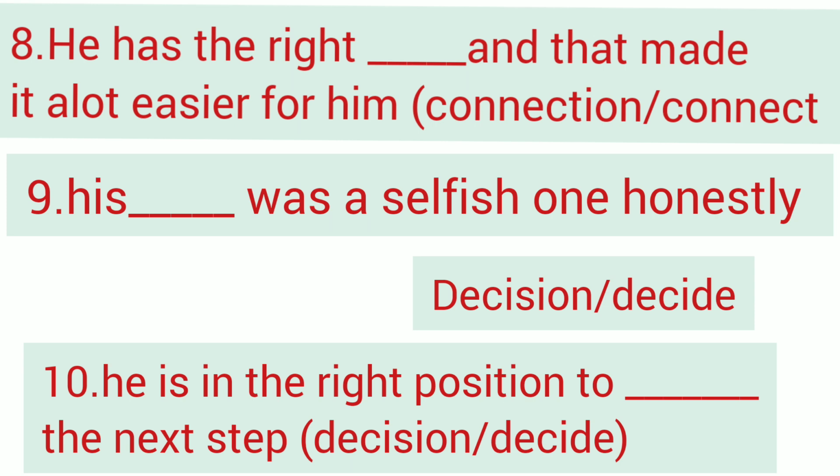Now, assuming we choose to use connect, let's see how the sentence sounds. He has the right connect, and that made it a lot easier for him. How does it sound to your hearing? I think he has the right connection, and that made it a lot easier for him sounds better.